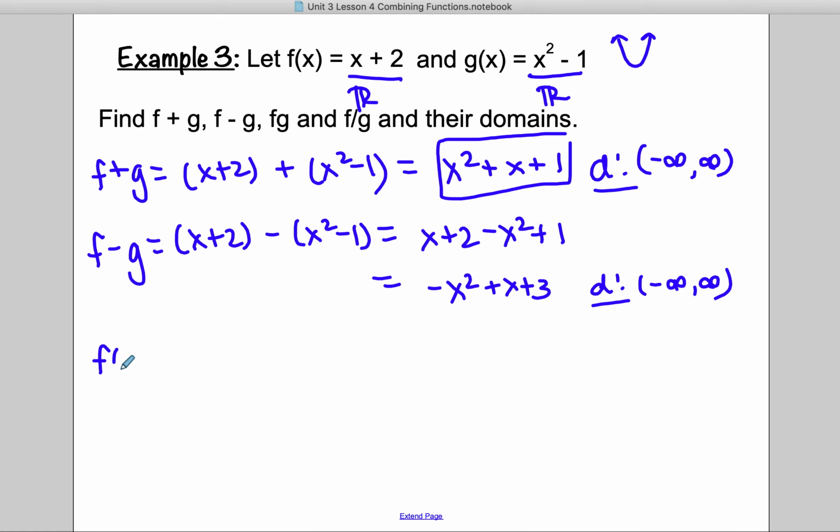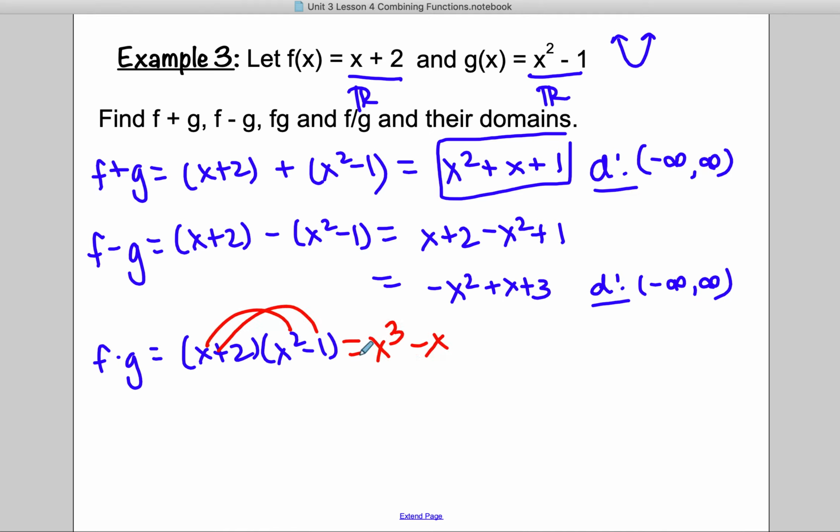Then we got multiplying, f times g. So I got x plus 2 times x squared minus 1. If I were to multiply this out, I really have to FOIL or double distribute. So I got x to the third minus x, then plus 2x squared, and then lastly minus 2.